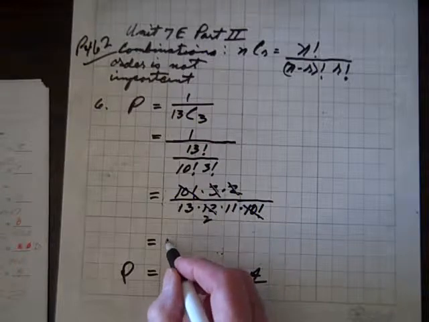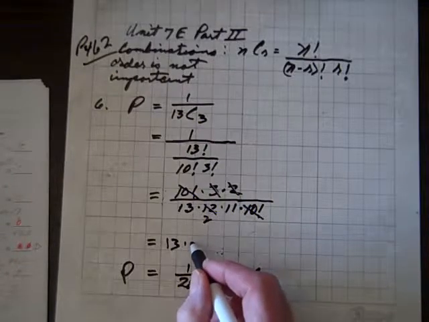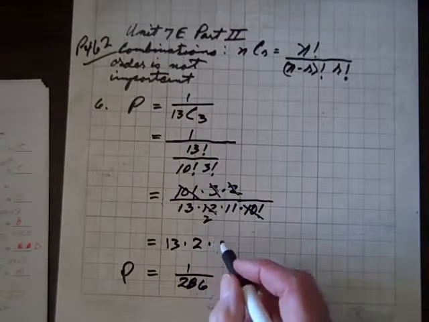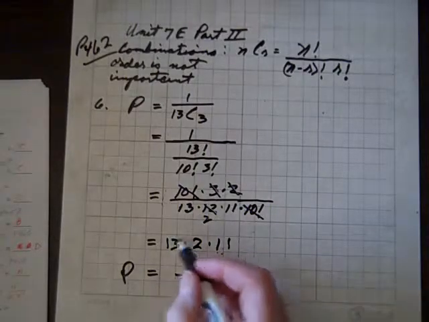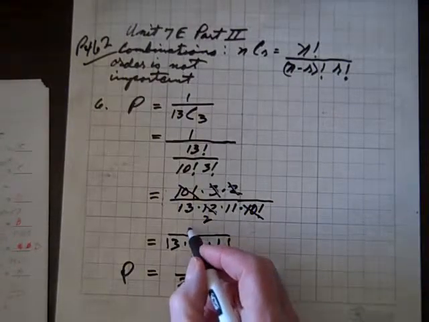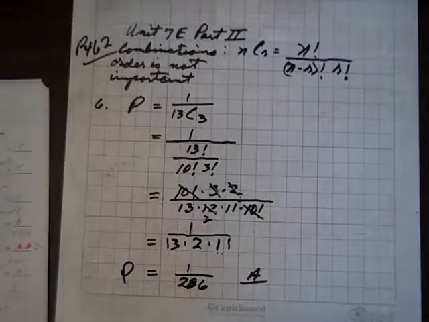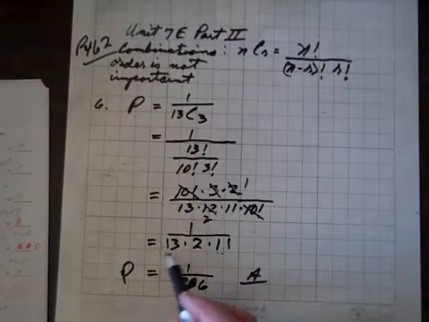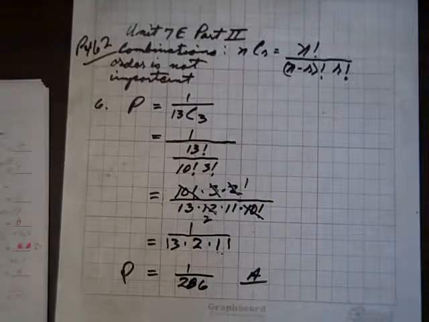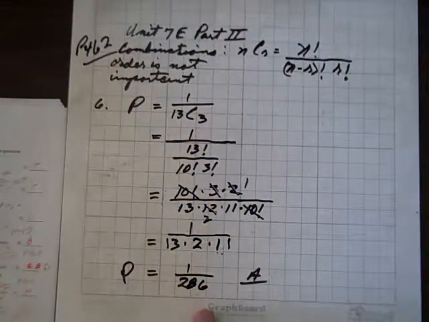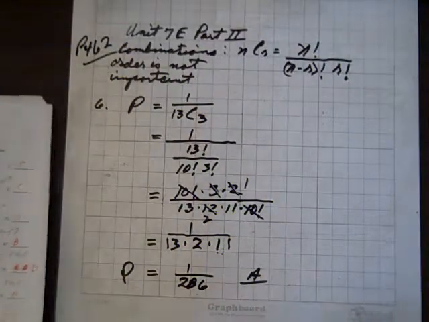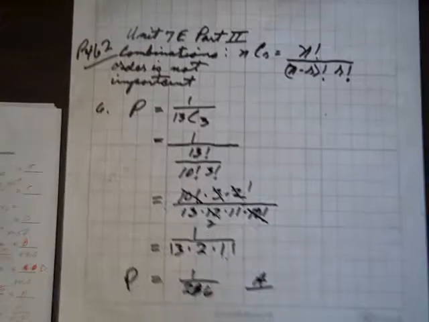So now we have 13 times 2 times 11, all under 1. As this is 1, and now the product in the denominator is 286, so the probability of winning is 1 over 286, and the selection is A.